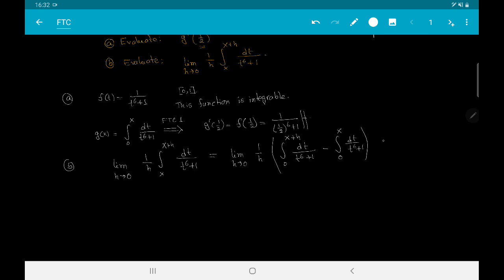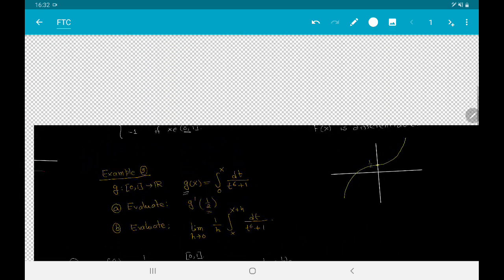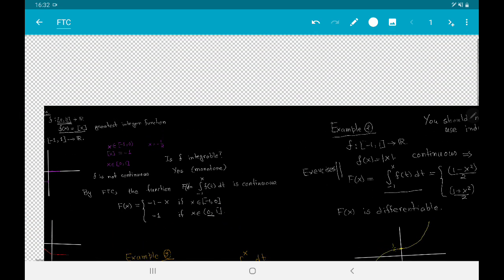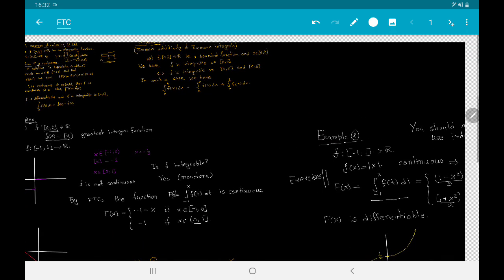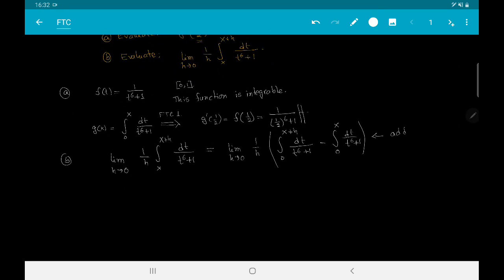Please convince yourself that we can write this because of the result that I have mentioned here, domain additivity of integrable functions, gives us this.